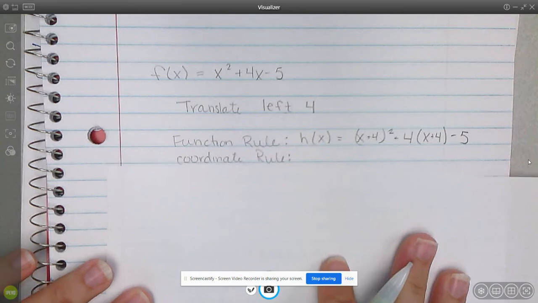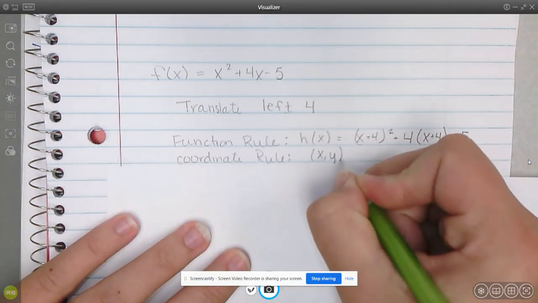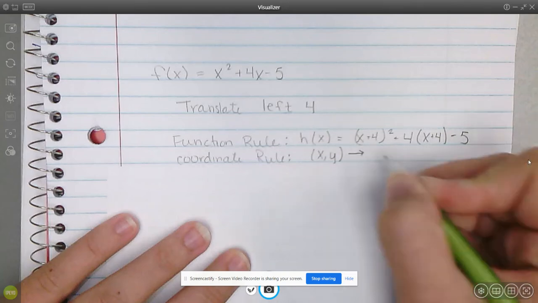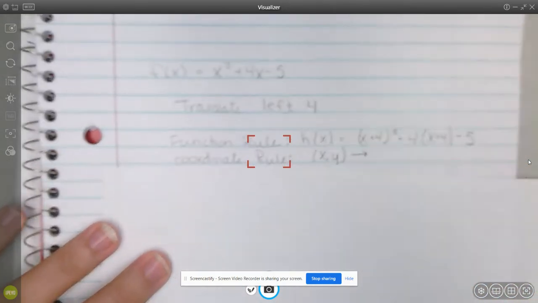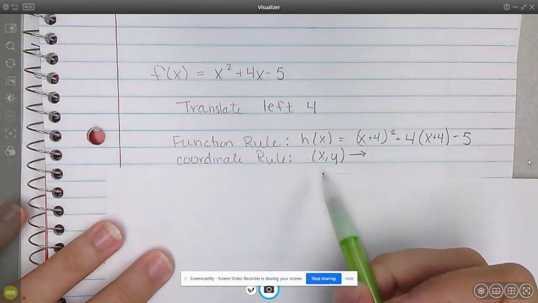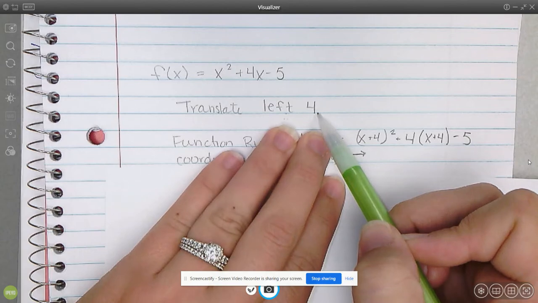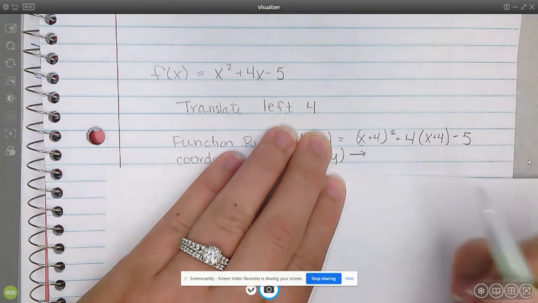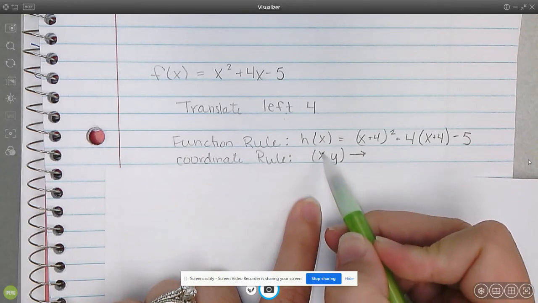Okay, so then we have a coordinate rule. This is when coordinate rules usually get screwed up, when you are going left and right. So this is telling us we are moving left 4. So if you are moving left 4, you are going to be subtracting from all of your x coordinates.